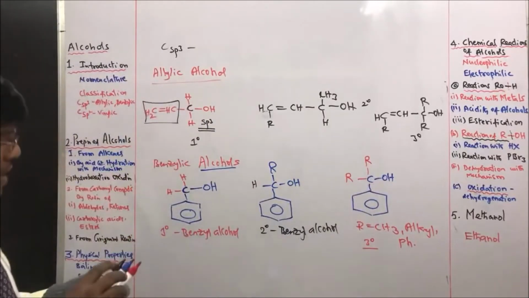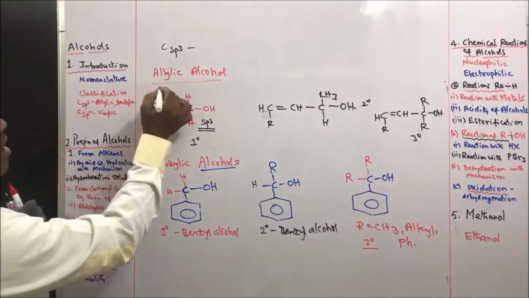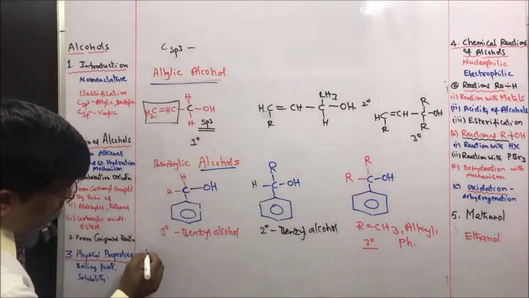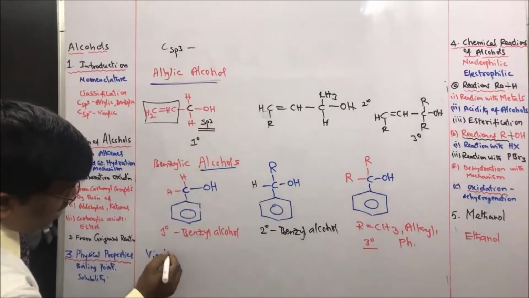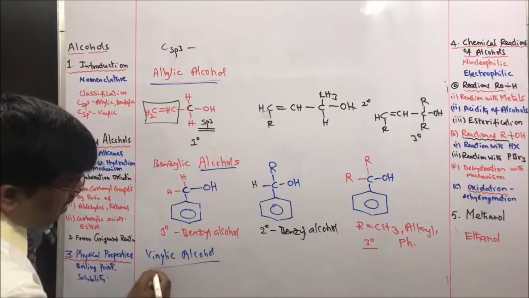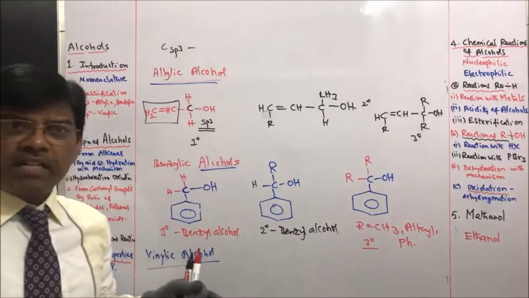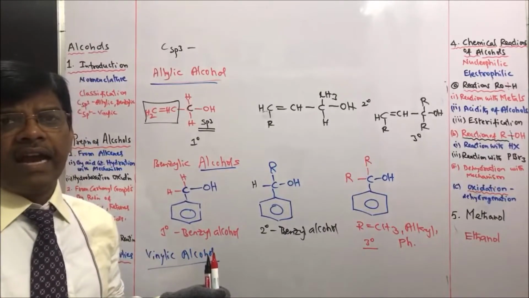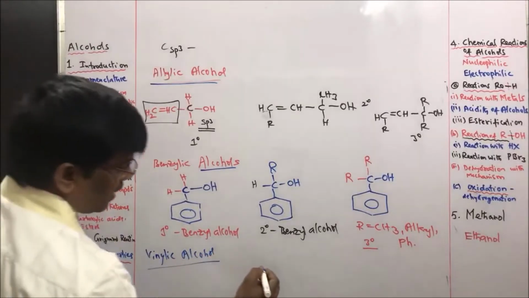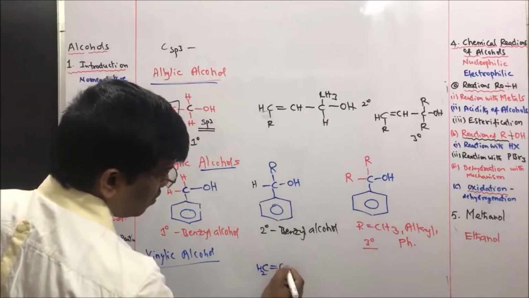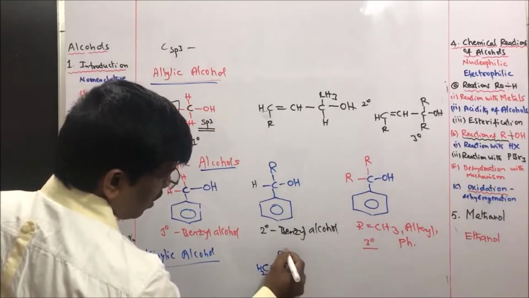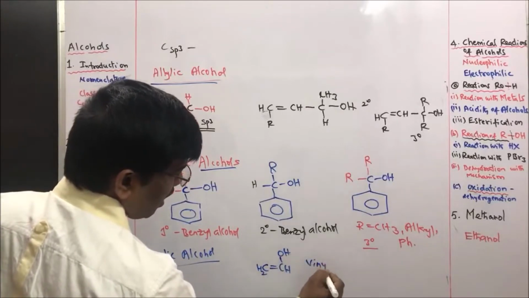Then there are very specific compounds under these alcohols, vinylic alcohols. Usually vinylic alcohols are tautomers of aldehydes or ketones. For example, CH2=CH-OH is vinyl alcohol.